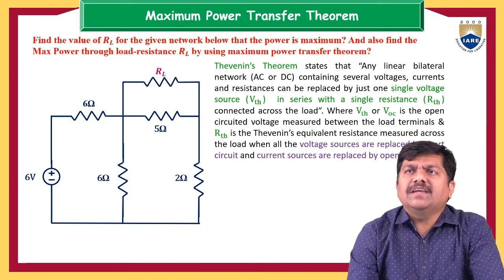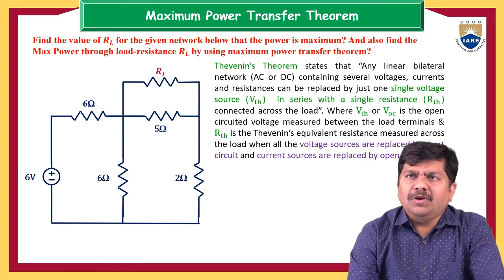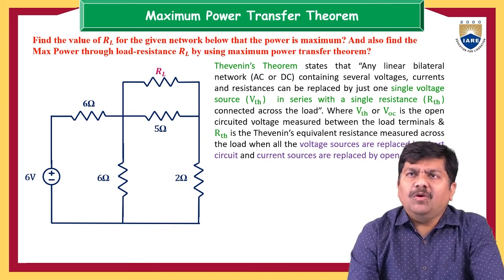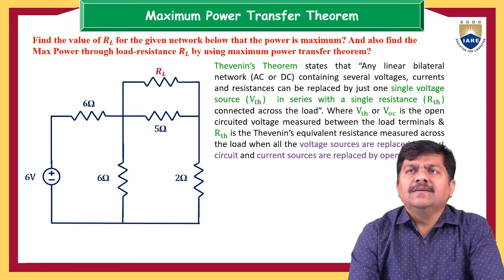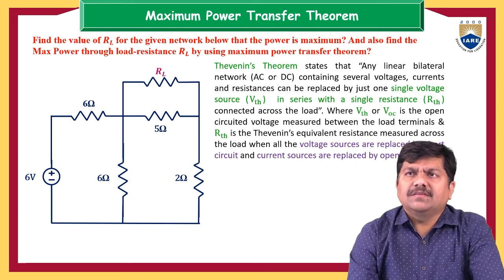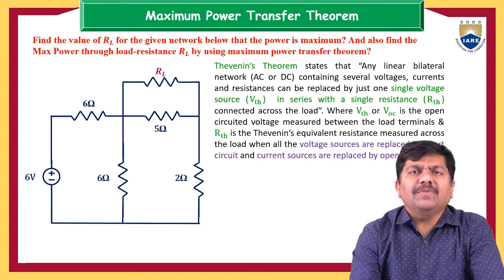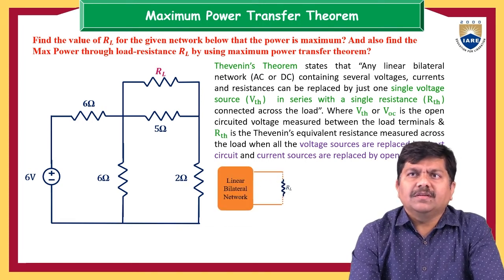This VTH is nothing but the open circuited voltage or Thevenin's equivalent voltage measured between the load terminals, and RTH is the Thevenin's equivalent resistance measured across the load when all the voltage sources and current sources are replaced with their internal impedances. That is, voltage sources can be short circuited and current sources can be open circuited.